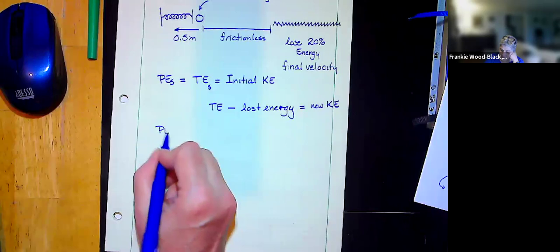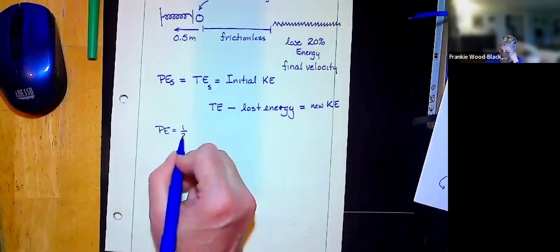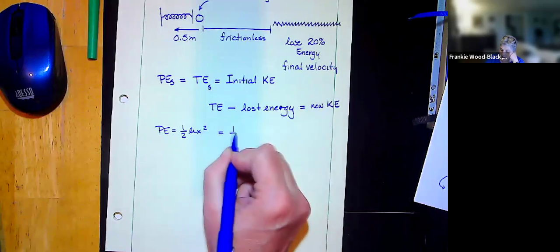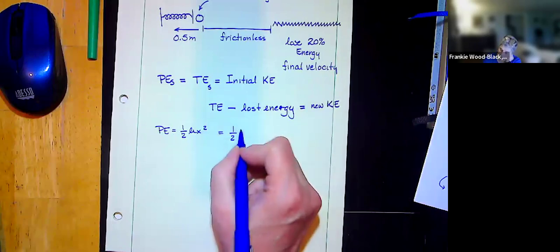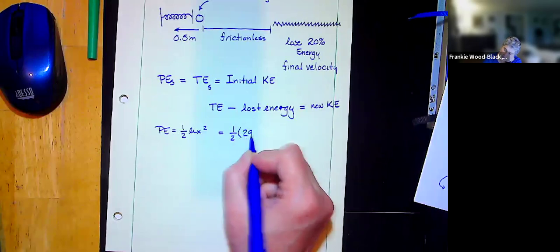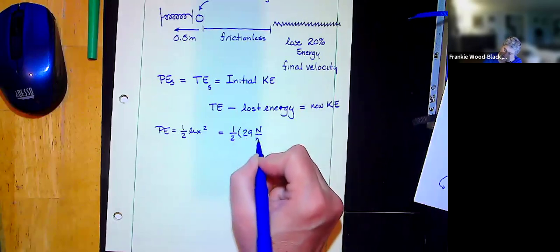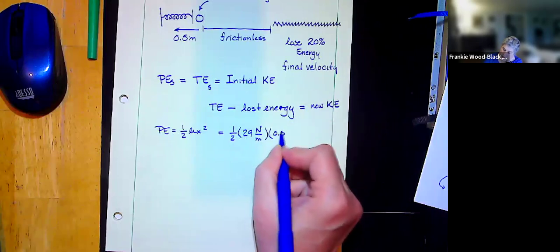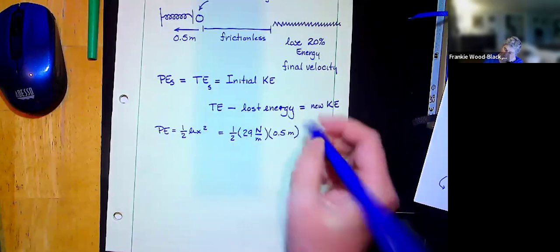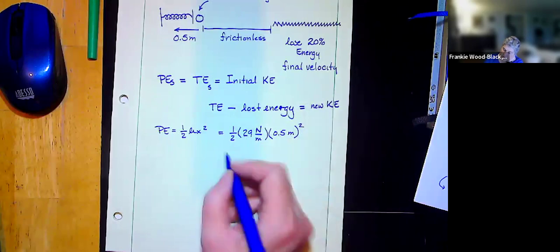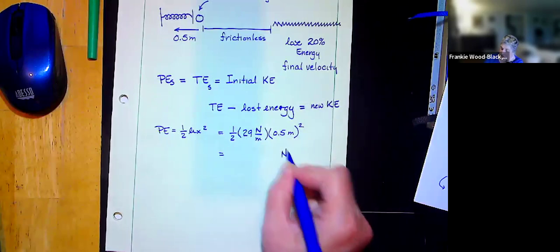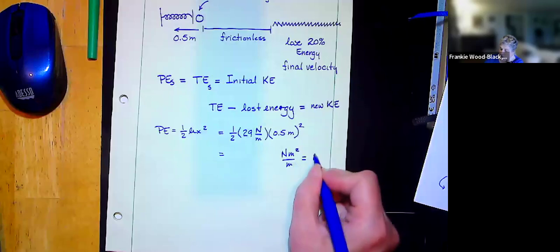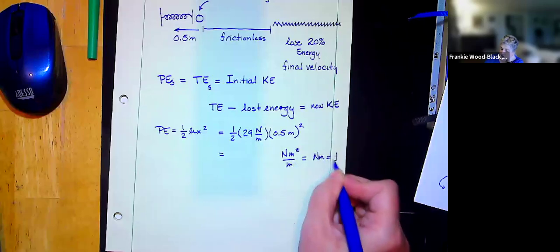So our potential energy of the spring is going to be 1/2 kx squared. Our k was 29 newtons per meter. Our x is 0.5 meters, and it's squared. So our unit analysis gives us newton meters squared divided by meters, which gives us newton meters, which gives us joules.